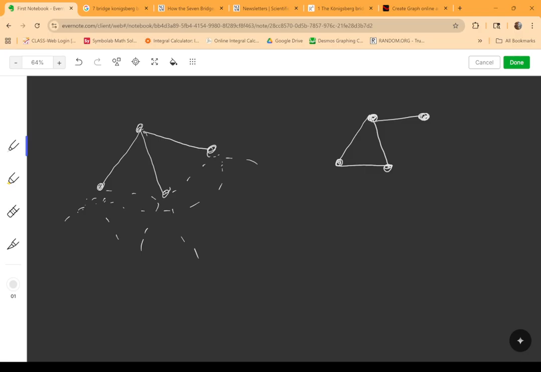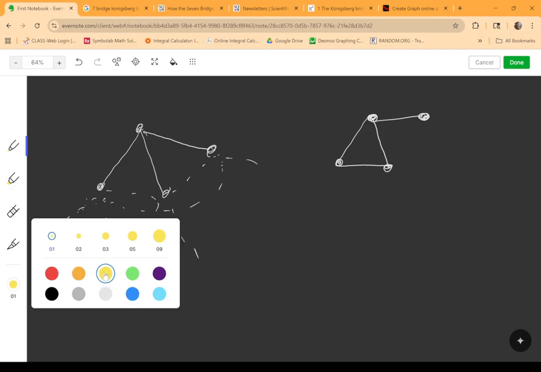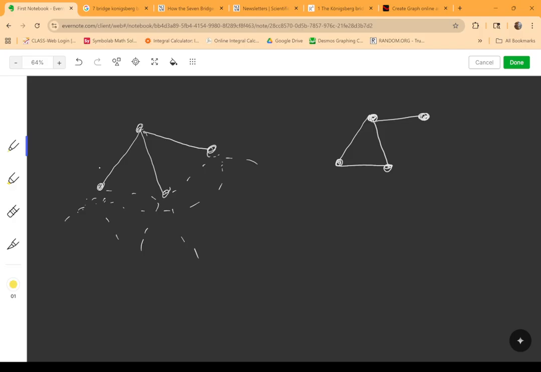Now, if you don't start here, you will eventually get stuck if this is an odd degree, right? So let's say you don't start there. What must happen? You wind up at that vertex, then you leave. And if we want an Euler circuit, every edge needs to be crossed.